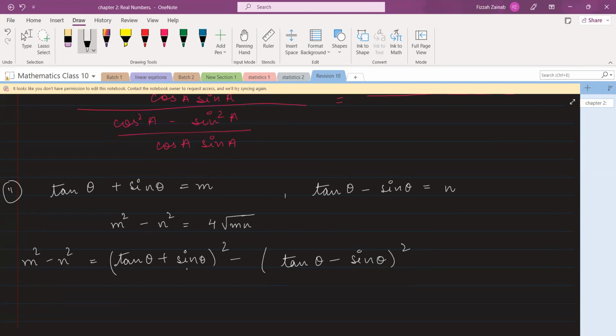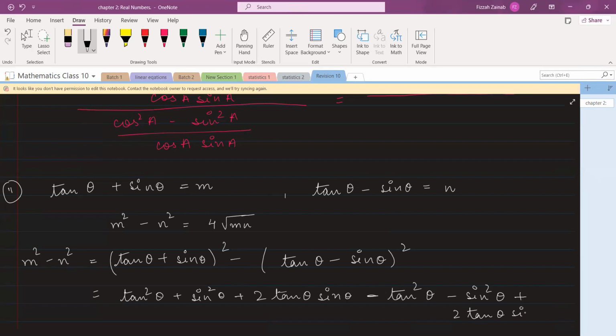So a plus b whole square and a minus b whole square, let us solve it. So a square plus b square plus 2ab. Again, you have a minus sign outside, so be careful. So a square, that means tan square theta, plus b square and minus 2ab, so it will be plus this time. So 2 tan theta sine theta.